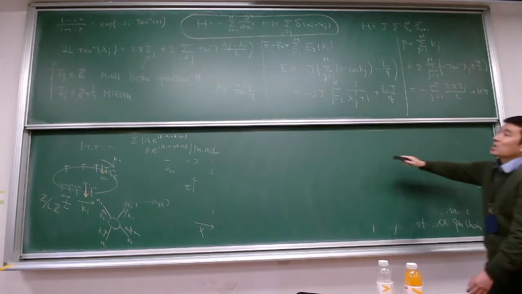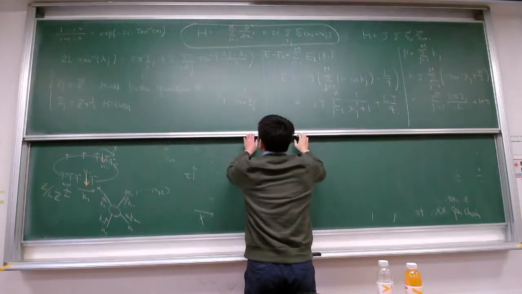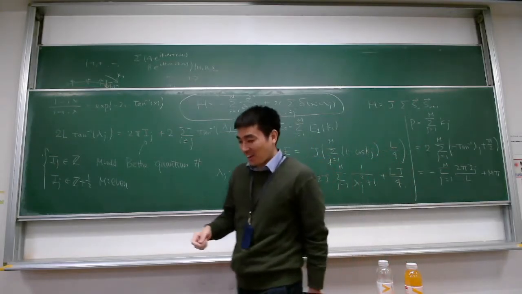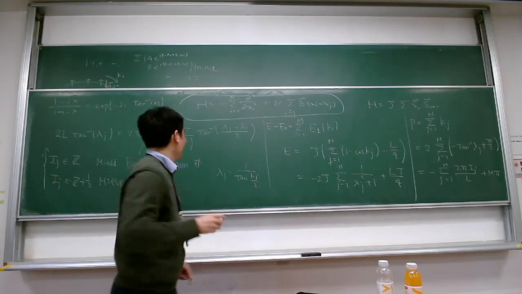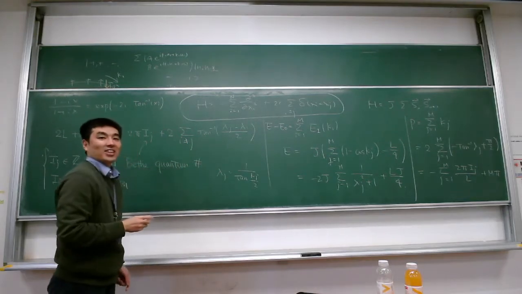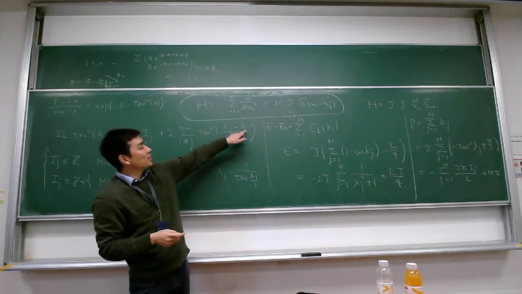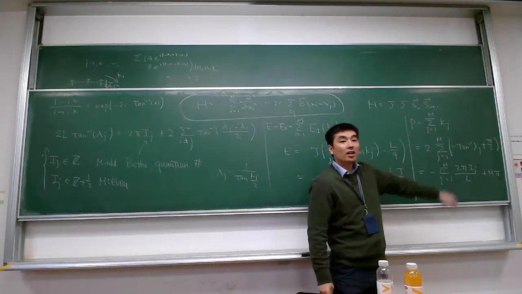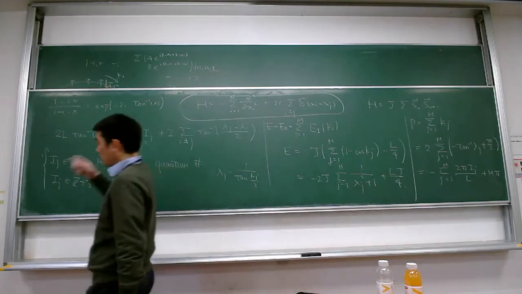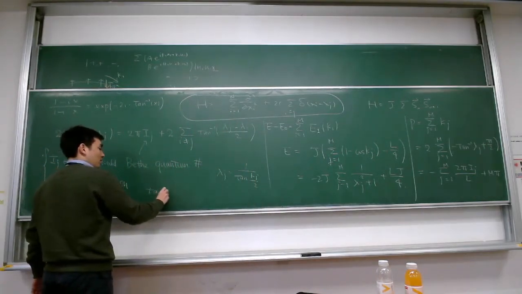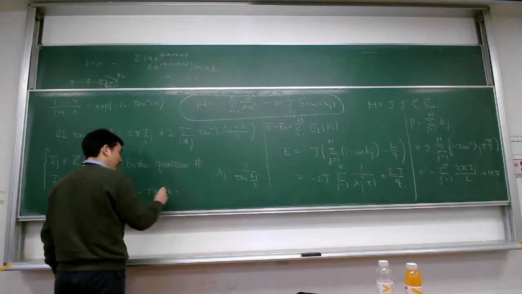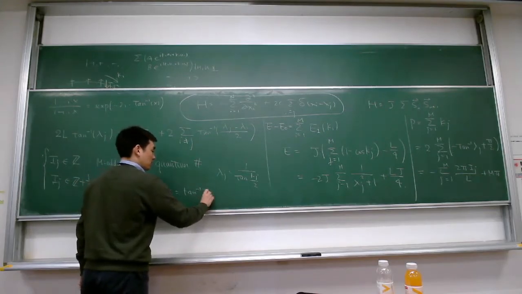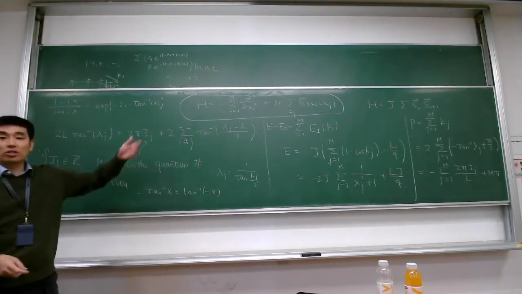So here you sum over i not equal to j, right? Sorry, my handwriting is horrible. Here i is summed over, but here j is summed over, right? And if you use the relation that x is equal to minus x, they cancel each other.